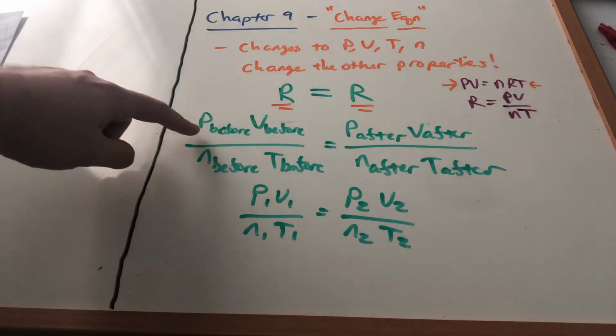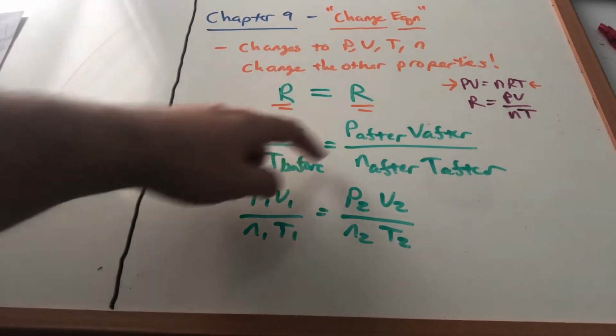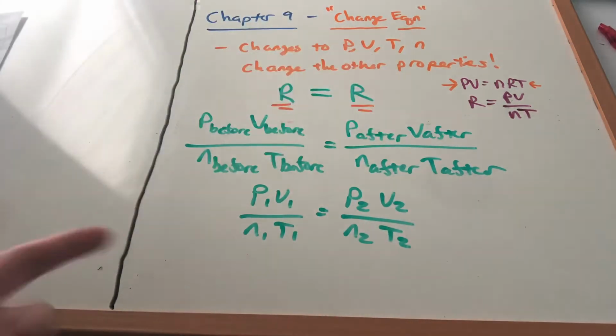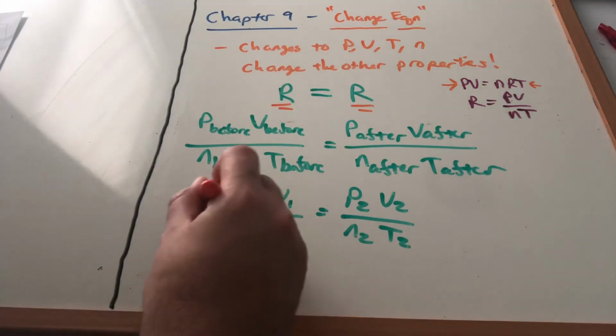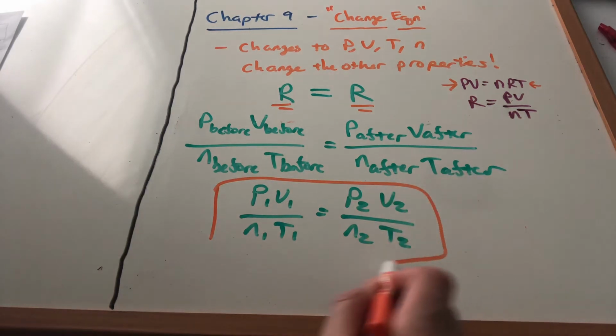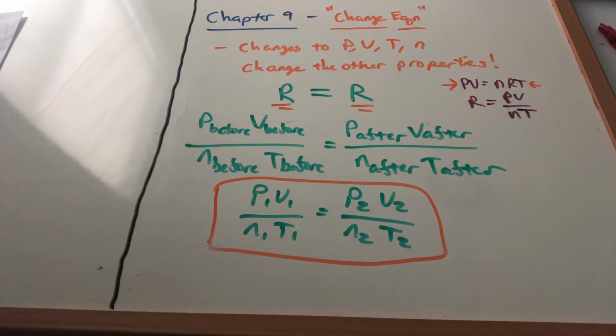Now we get real lazy again. We don't like to write before, and we don't like to write after. So what we do instead, and this is our starting point when we identify that we have to use the change equation, is we write P1 V1 over N1 T1 is equal to P2 V2 over N2 T2. Okay.